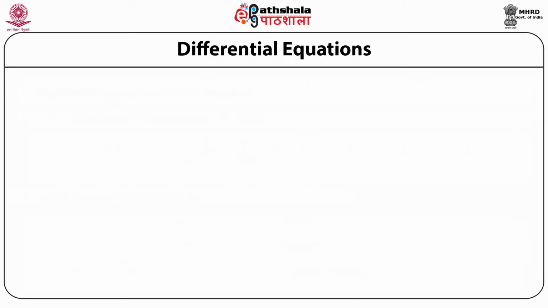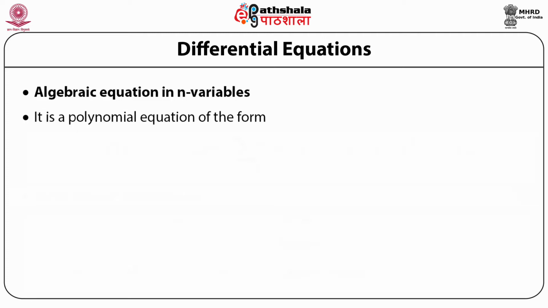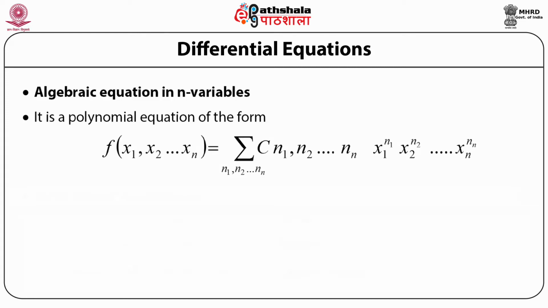We considered the algebraic equation in one variable. We can in general have an algebraic equation in n variables. An algebraic equation in n variables is a polynomial equation of the form: a function of x1, x2, ..., xn, in general, can be written as a sum over n1, n2, ..., nn of the coefficient c, which itself is a function of n1, n2, ..., nn, multiplied by x1 to the power n1, x2 to the power n2, up to xn to the power nn.